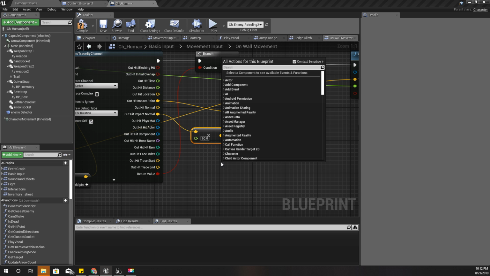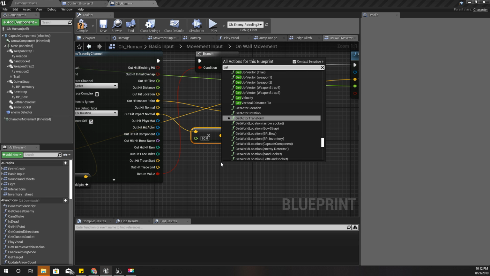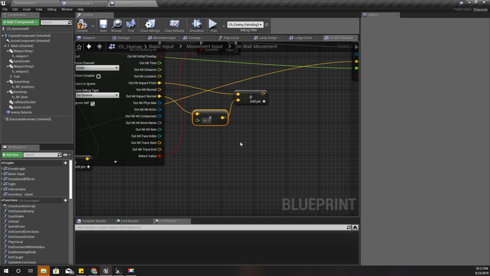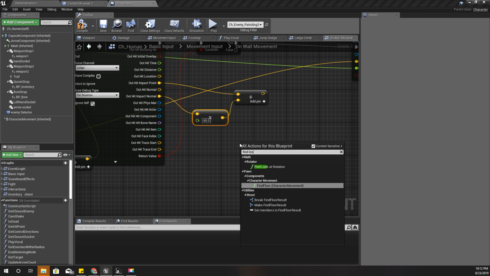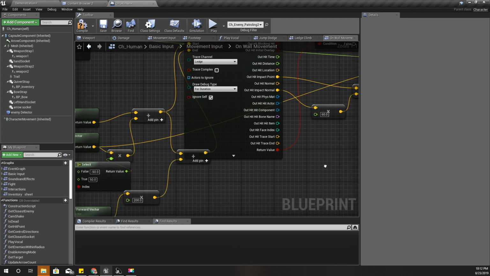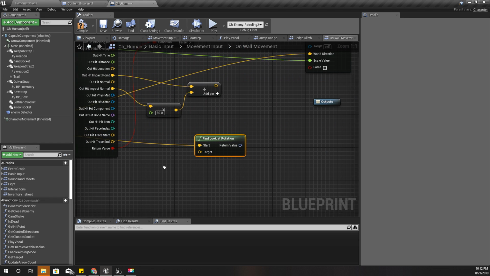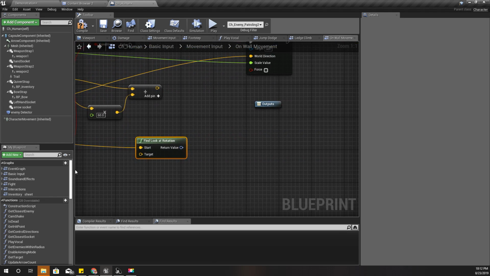So I should get actor location. Yeah, I already have it here. So let's look at rotation. The starting point is this, and this is the ending point.